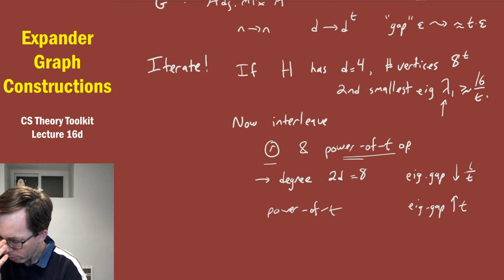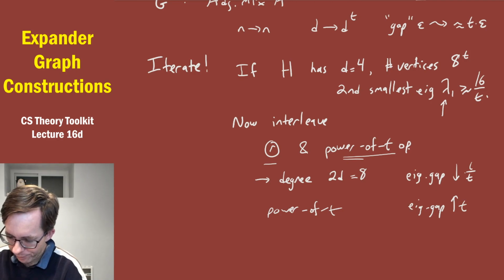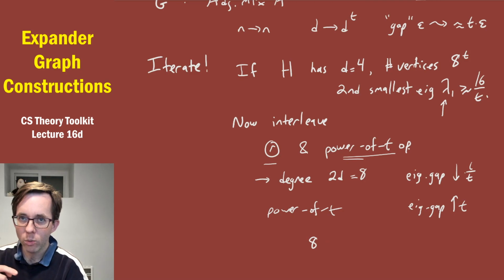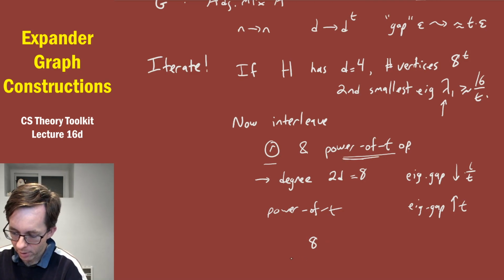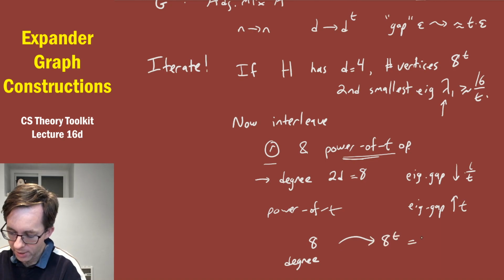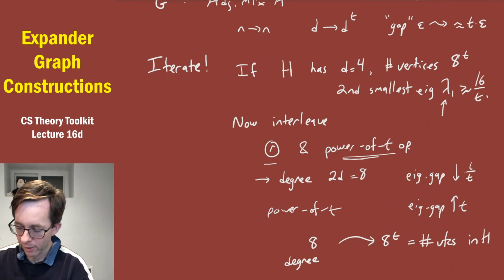The point is that since the degree of the graph at each step is 8, when you raise it to the power of t in this step, the degree goes to 8 to the t, which is the number of vertices in H. I got a little bit muddled there, but I think it all matches up.